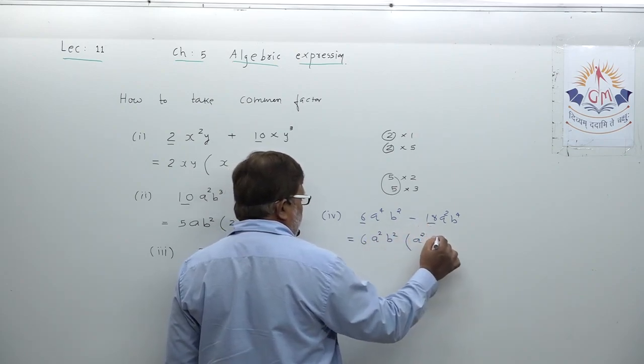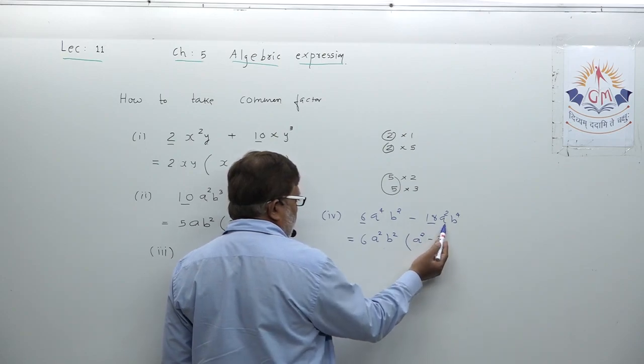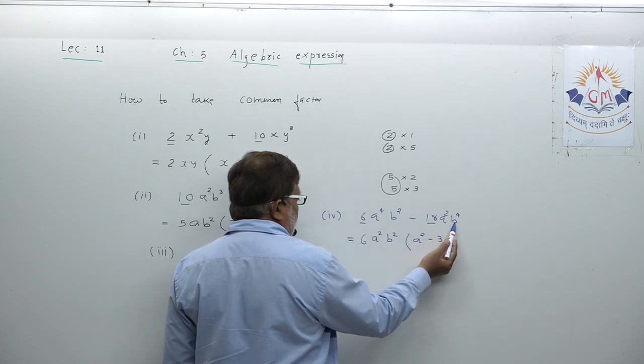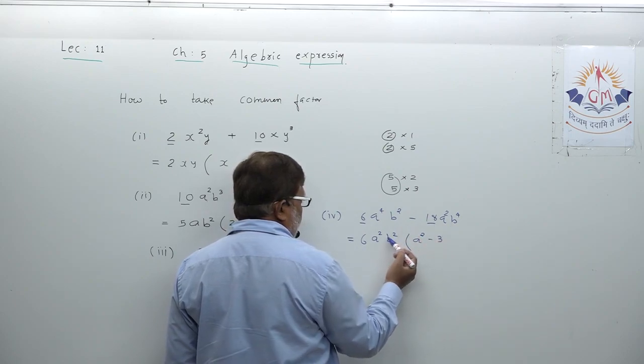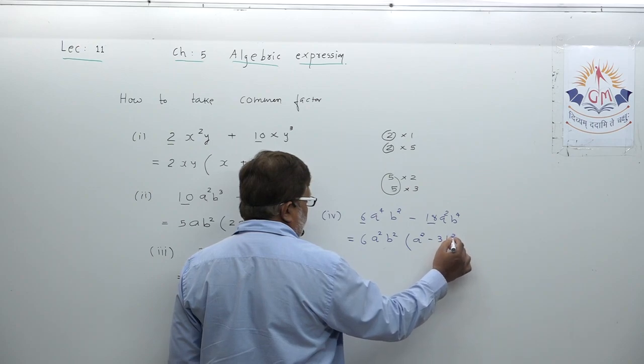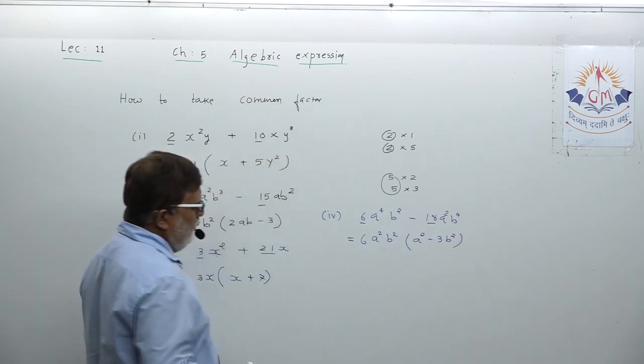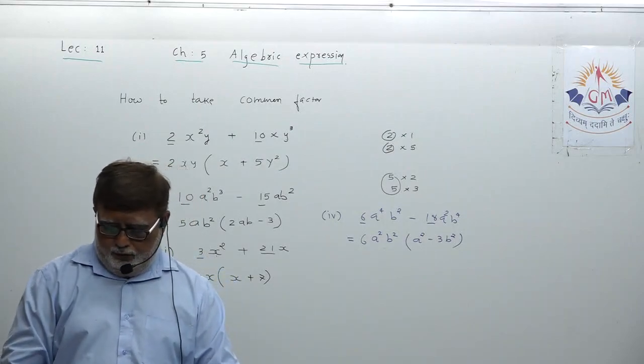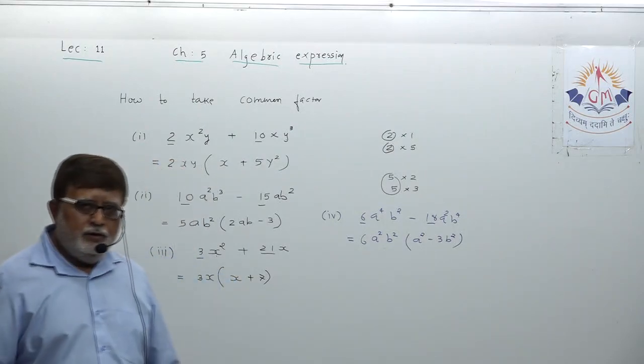6, how many times? 18, 3 times, a square is common. From b raised to 4, b square is common, so just b square, it's over. This is very important for you to learn and understand.